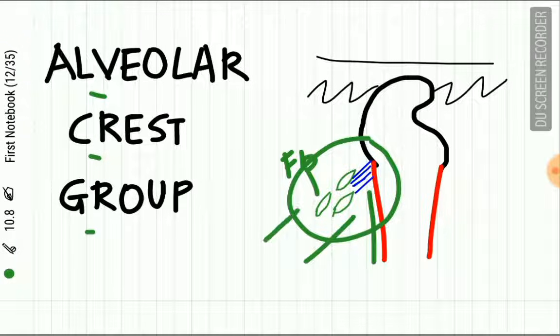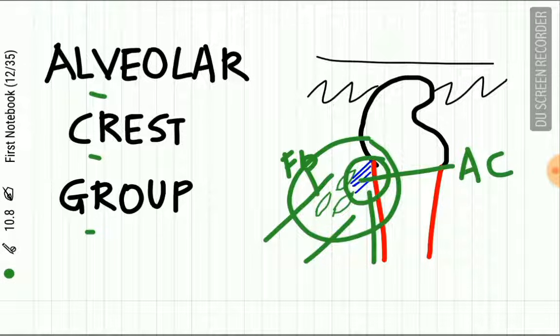Can you see here? They become obliquely aligned to the root, and they lay down the first periodontal ligament fibers, and these shown by blue lines are the alveolar crest group of fibers. So when the tooth erupts into the oral cavity, the only fibers present are the alveolar crest group of fibers.